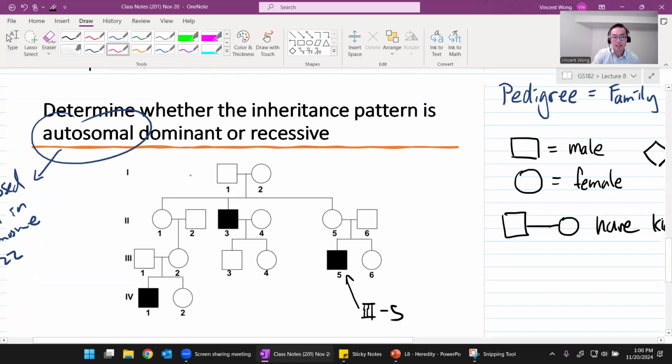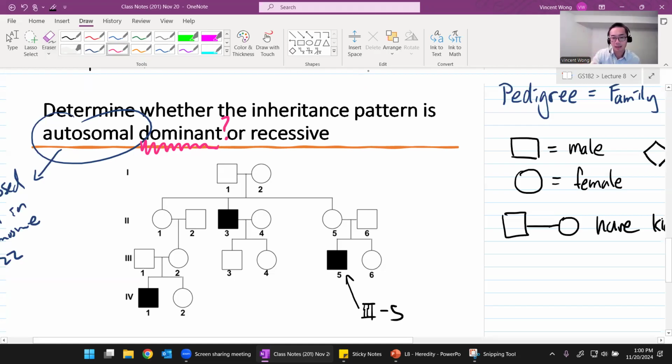It's because I'm gonna be writing stuff and erasing it. There's no point of you copying. Right? So dominant, let's say it's dominant. Okay? So if it's dominant, that means the people who have the trait, the people who are shaded in, will have at least one capital letter, right?